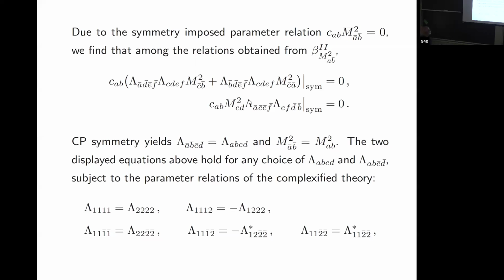However, this equation must hold for all possible choices of lambda with 2 unbarred and 2 barred, numerically. And so I can choose whatever I want. And the point is that the only condition is that these symmetry conditions hold, and these match exactly. This one just says that this one's real, but that's fine. These things match up one against the other.